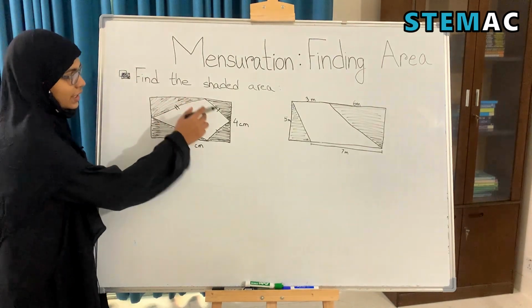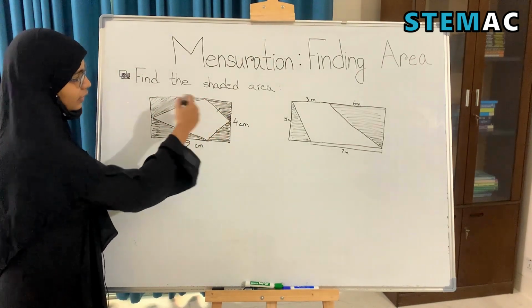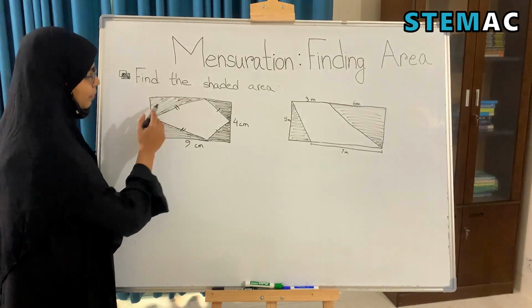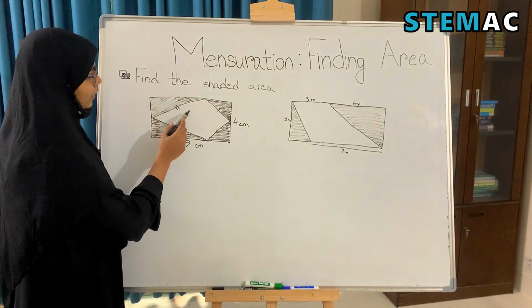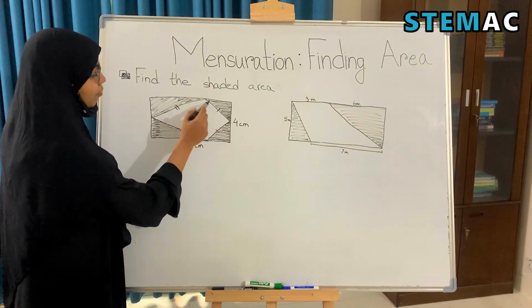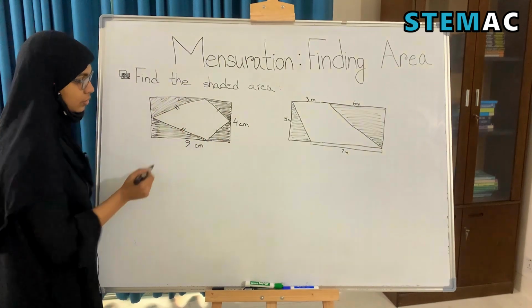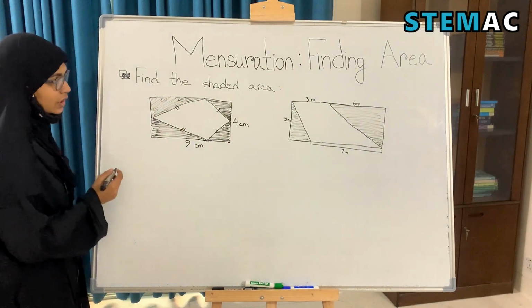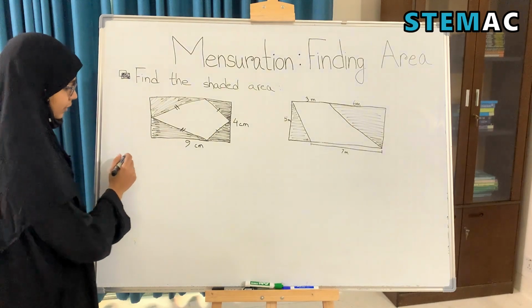So, to find the shaded area here, we need to subtract the area of kite from the area of rectangle. So, first we need to find the area of rectangle.